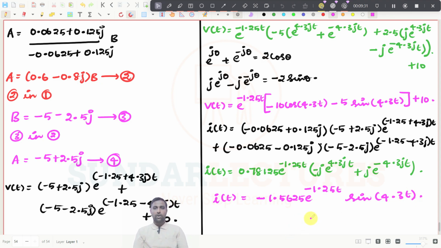Now this is the final value of I of t. You simplify and you will obviously get these two expressions. Now I will just take this as A and this as B, and we know V of t and I of t. We try to substitute t equal to 1, 2, 3, everything. We will see the tabulation now.